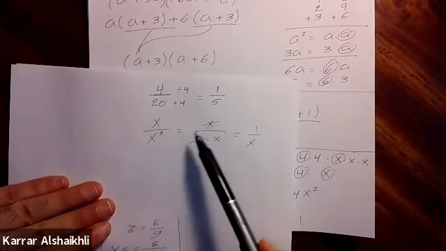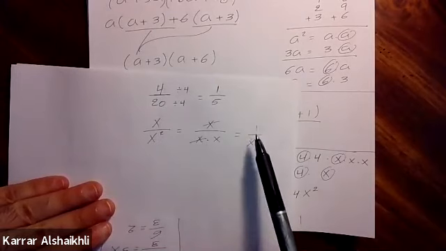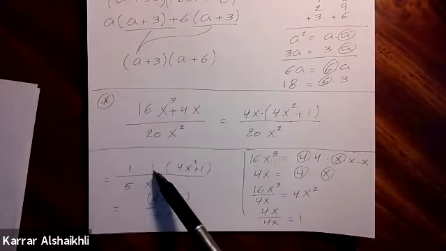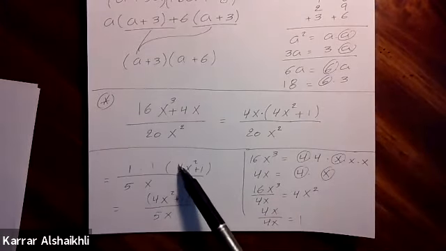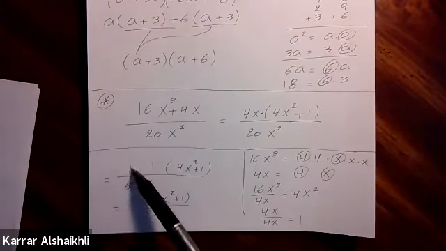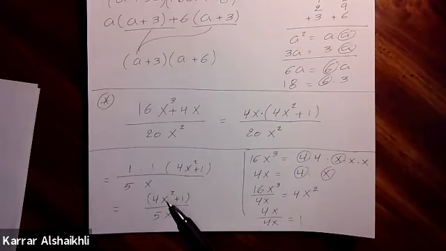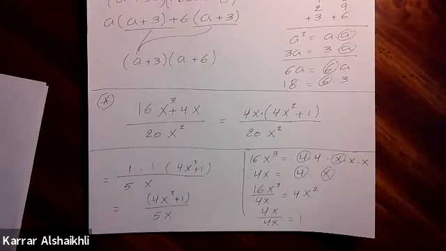X times x squared is going to be 1/x. I'm going to write down 1/x. And this is the leftover here. I'm just going to write it down on the top. 1 times 1 is going to be 1. It doesn't change anything. So here's the 1. So it's going to be the parentheses, and from the bottom part is going to be 5x. Put down the stars on this one. It's really important.